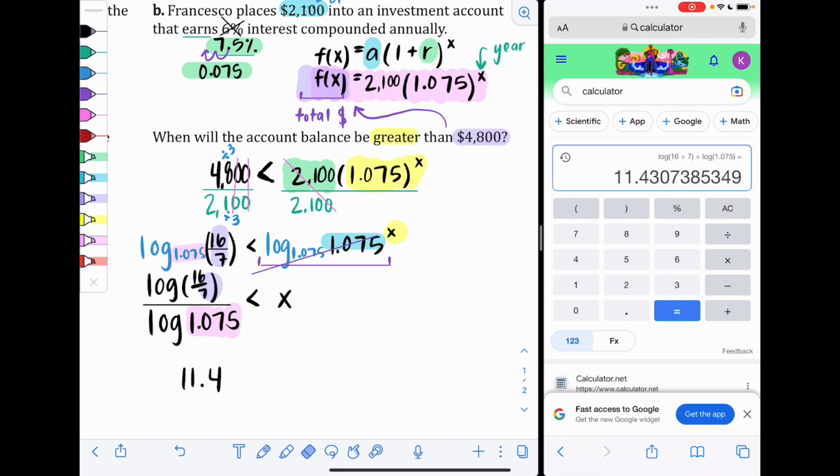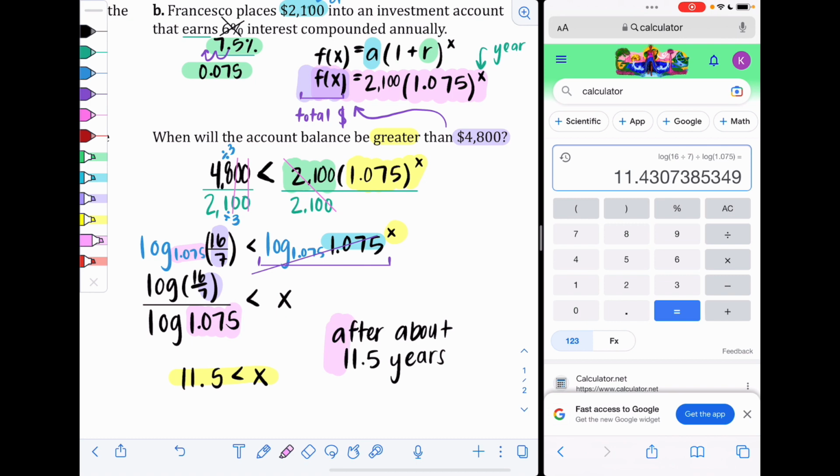So instead of 11.4, I'm going to put 11.5. This is saying that x would have to be greater than 11.5. So you could say after about 11.5 years, that's when his account will be greater than 4,800.